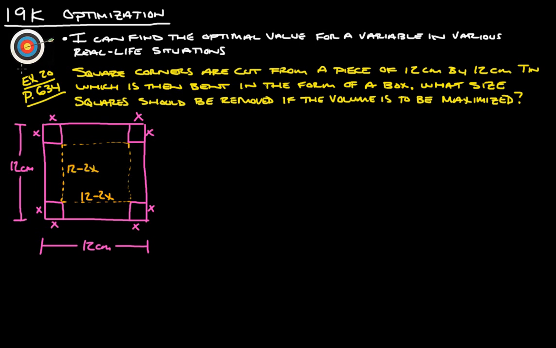So volume is going to be base times height, right? The base is 12 minus 2x times 12 minus 2x, and the height when these sides get folded up is simply x. So there's our volume.